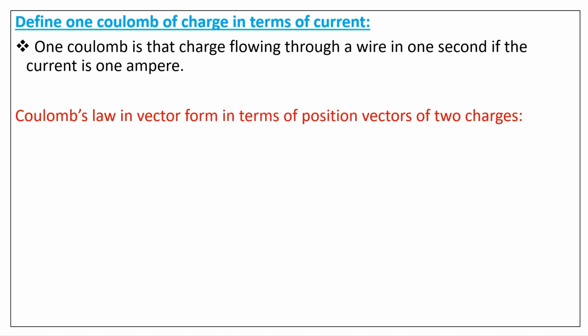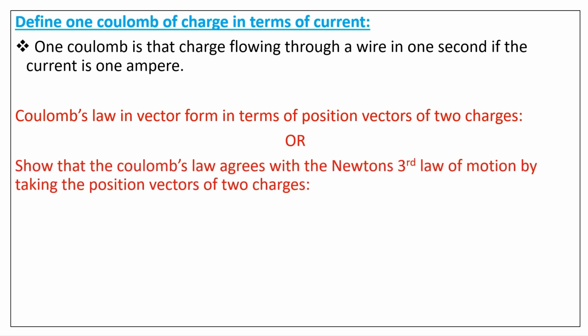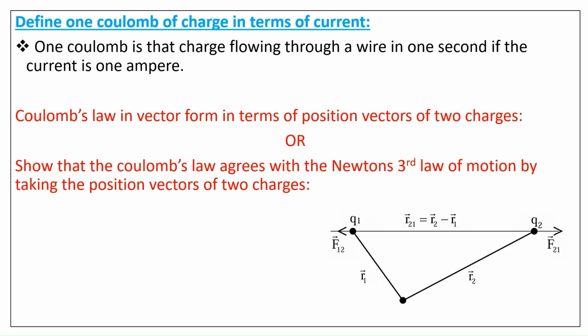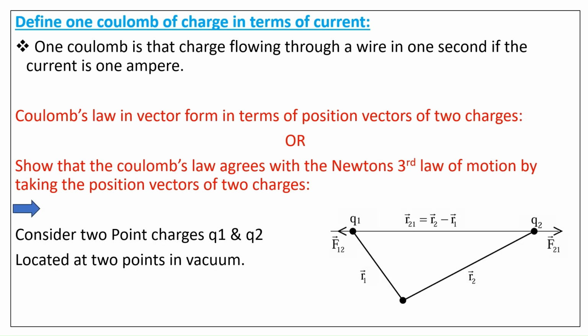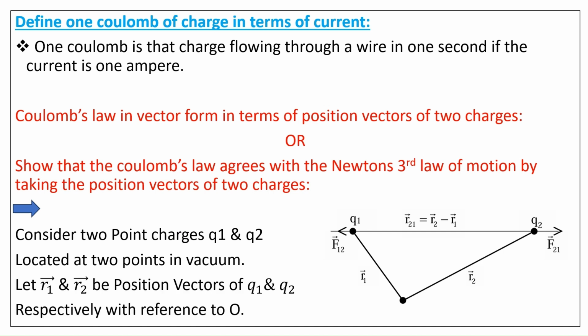Next, Coulomb's law in vector form in terms of position vectors of two charges. Or show that Coulomb's law agrees with Newton's third law of motion by taking the position vectors of two charges. Consider two point charges Q1 and Q2 located at two points in vacuum.